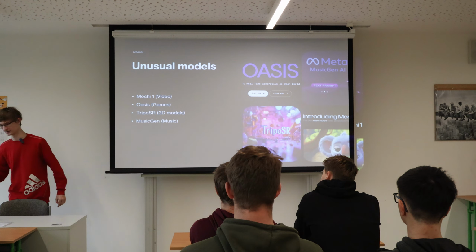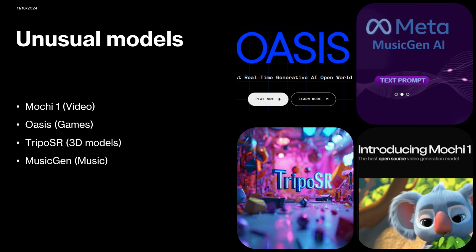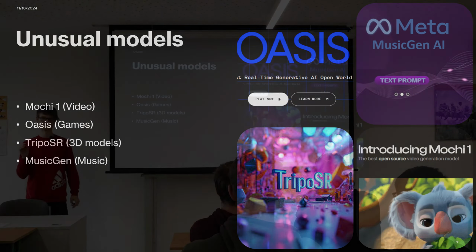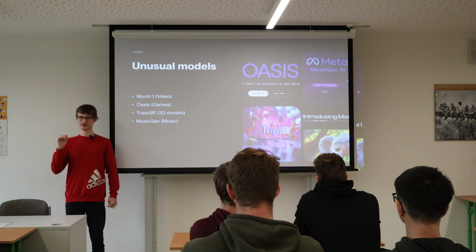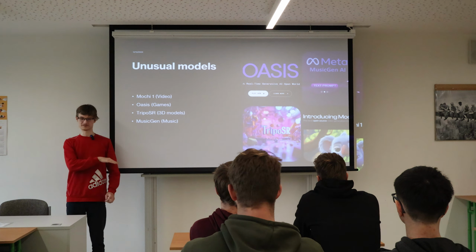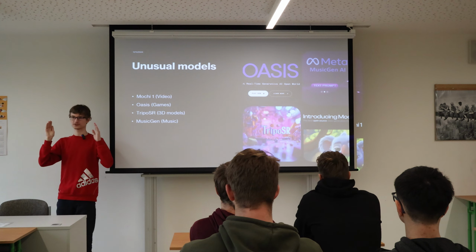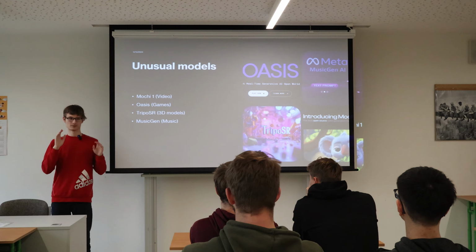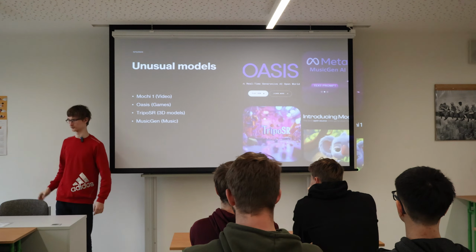I'll get to that later. And then we have TripoSR, that's for 3D models. That could be useful for modeling and different design stuff because it takes in a prompt just as an image model, but can turn that prompt not into an image, but a 3D model.